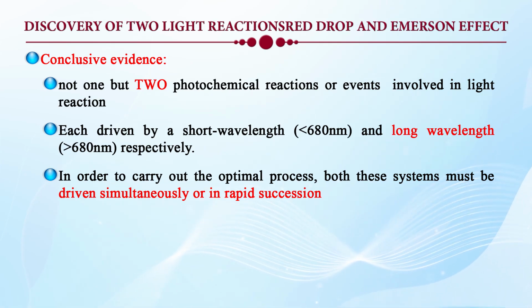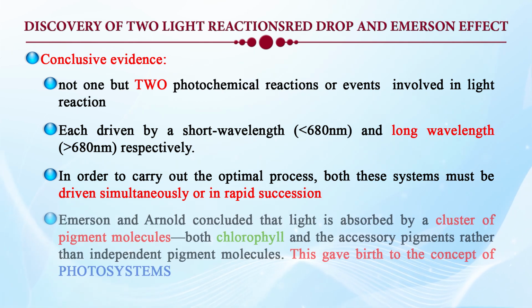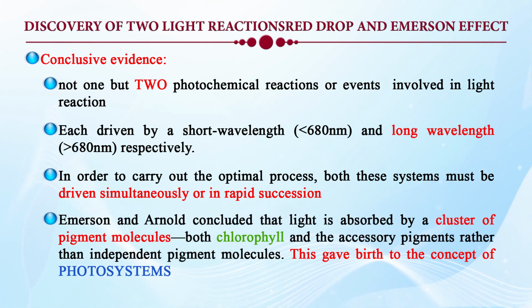So, that means light is absorbed by not one molecule according to Emerson and Arnold, but by a cluster of pigment molecules, and chlorophyll seems to be the center of these molecules.